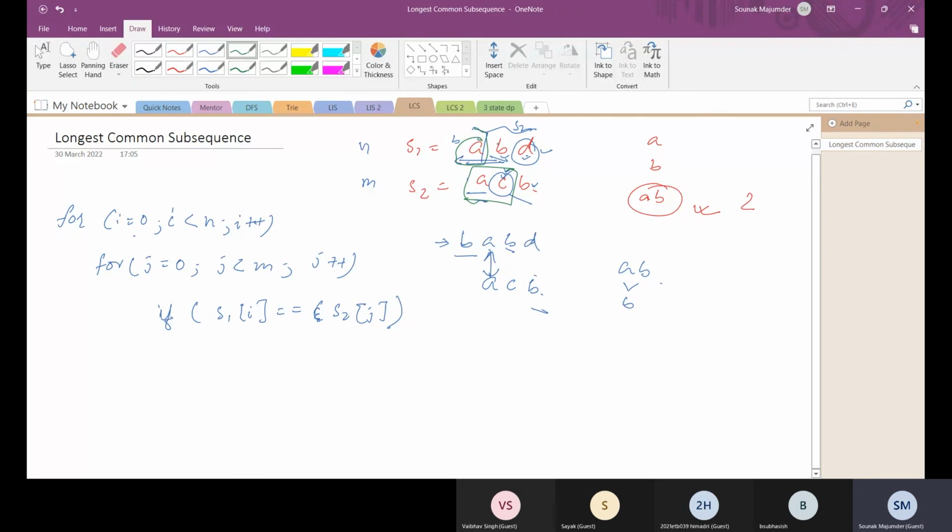So B and B is matching, A and A is matching. So we will ask for some LCS over here. So how can we get that?